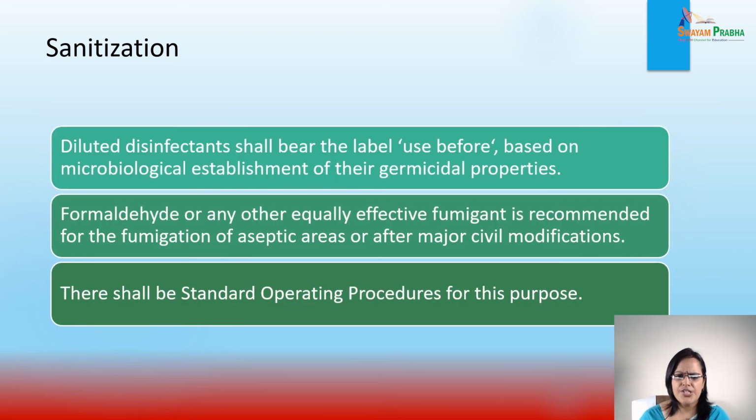Diluted disinfectant shall bear the label before use, based on the microbiological establishment of their germicidal property. Formaldehyde or any other equally effective fumigant is recommended for the fumigation of the aseptic area after major civil modifications.